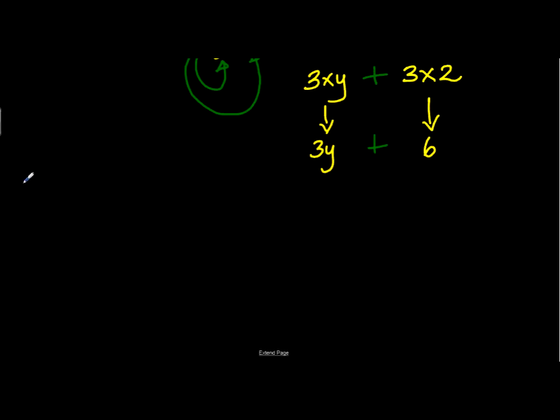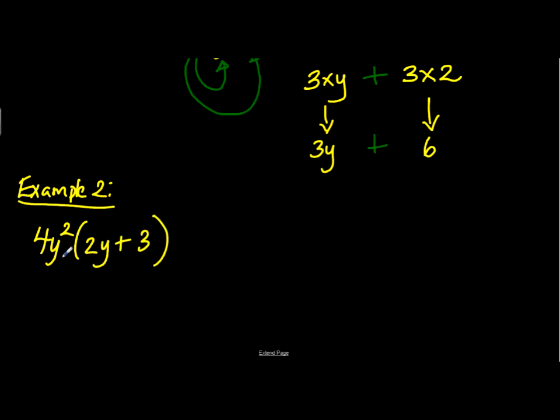Another example, example 2, we have 4y² times (2y + 3). So what I want to do is multiply everything on the outside by everything on the inside.